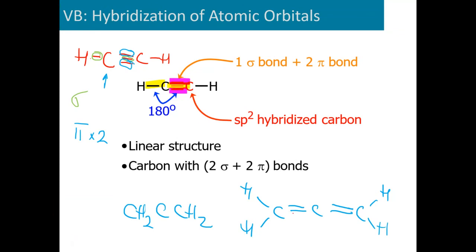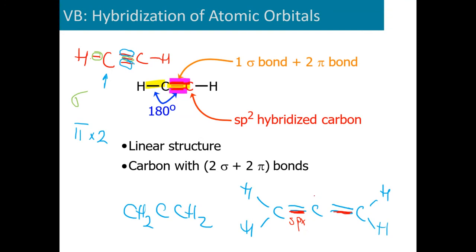If we assume that the red ones are sigma bonds, these sigma bonds are using sp, let's say, in the x direction.